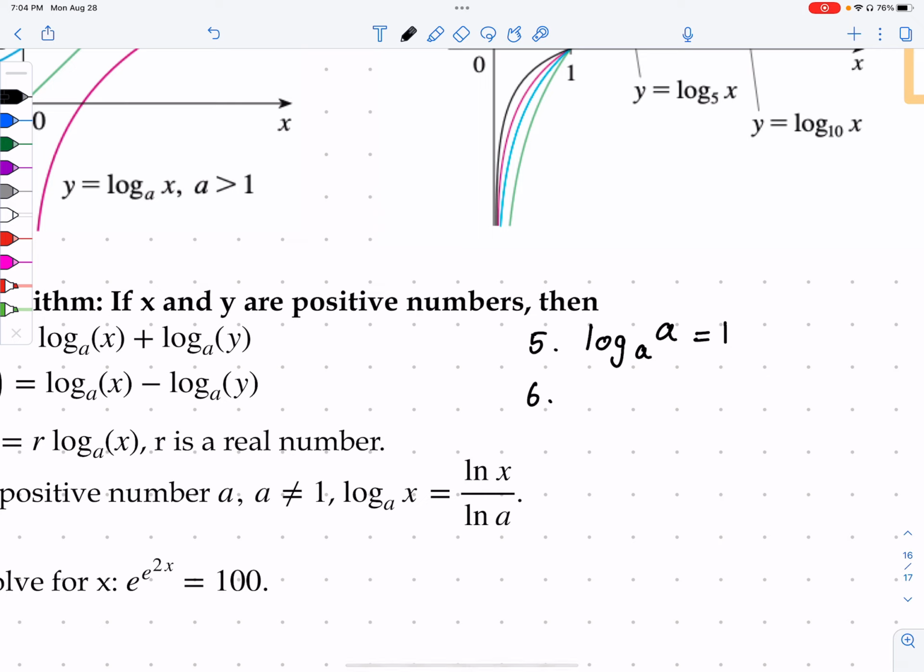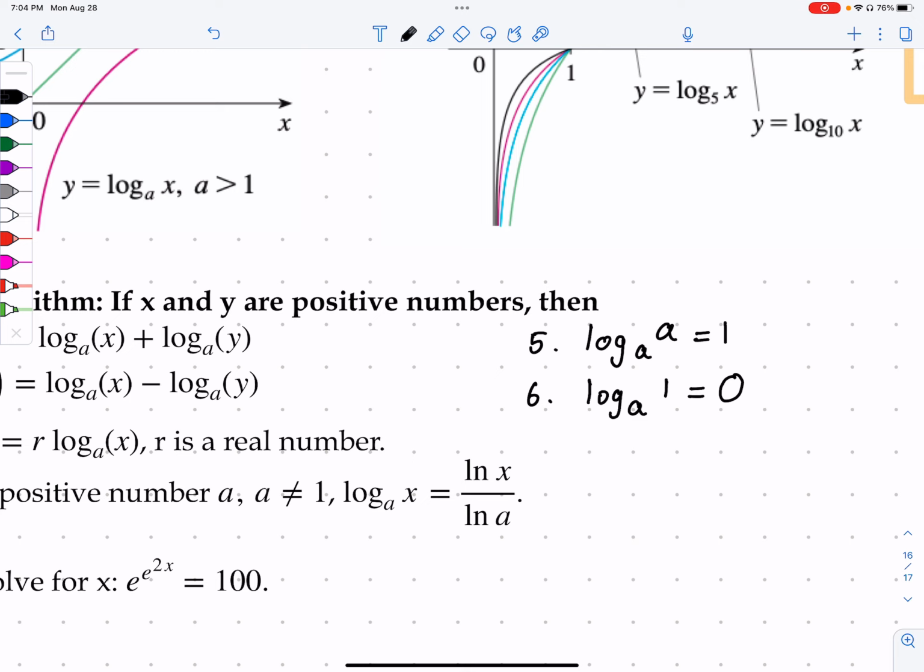Similarly, another property, log 1 base a. I don't care what the base is, as long as the base is positive and not equal to 1, this is always going to be 0. In other words, what is the power of a that will give me 1? That is always going to be 0, right? So that's what that one says.